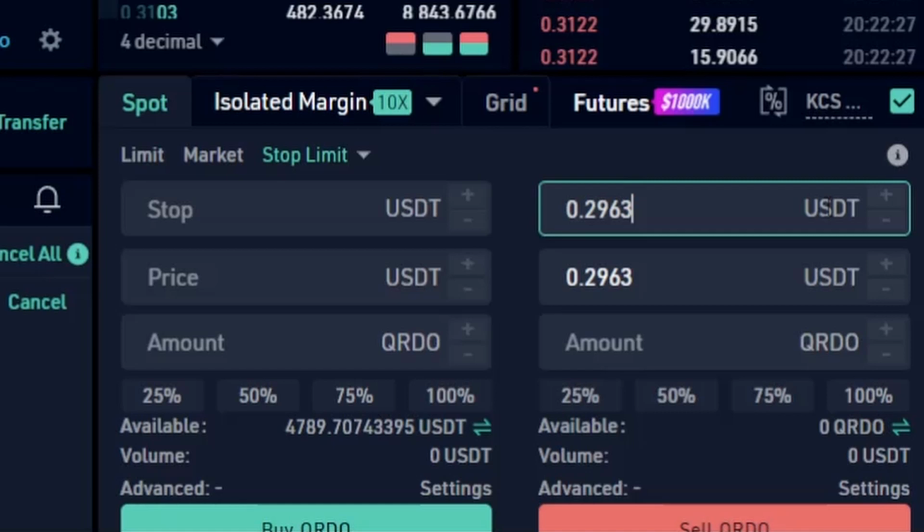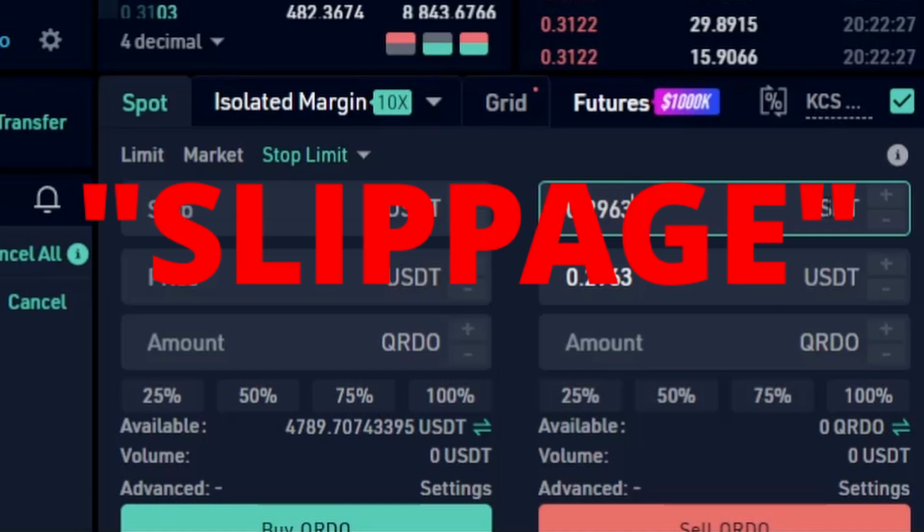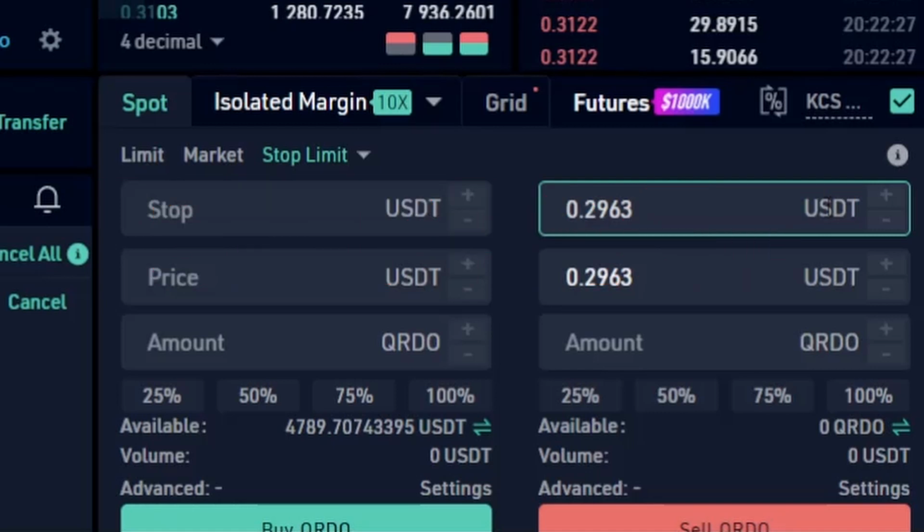Well, here's the problem. There's a thing known as slippage, which can happen on some of these low cap coins that don't have a lot of liquidity. Let's just say I was trying to sell a very large amount of Credo, maybe $1,000 worth at this price. If there weren't enough buyers waiting there and Credo was dropping at a fast speed, right? It's just tanking because some bad news came out or Bitcoin's dumping or whatever the case may be.